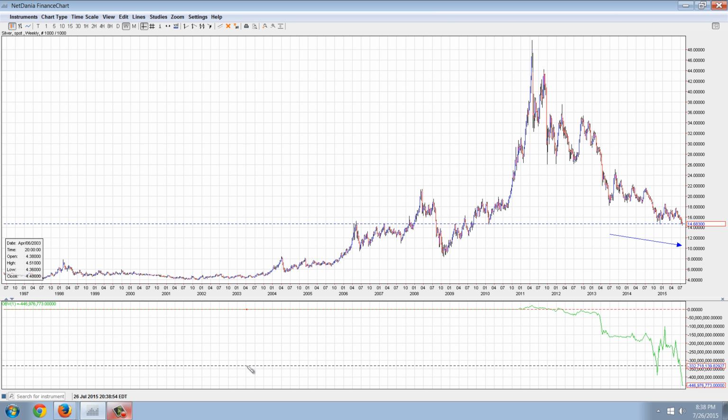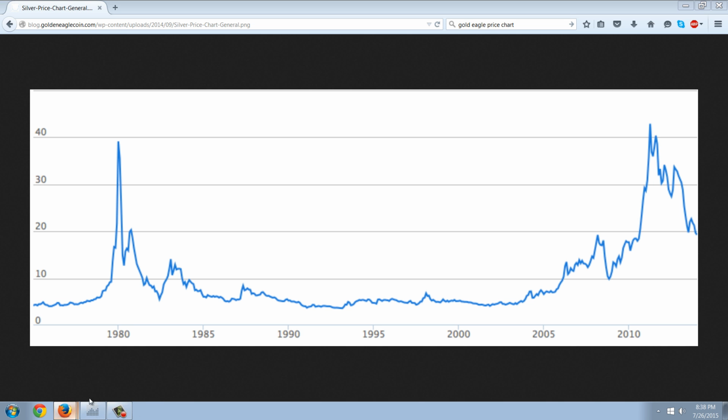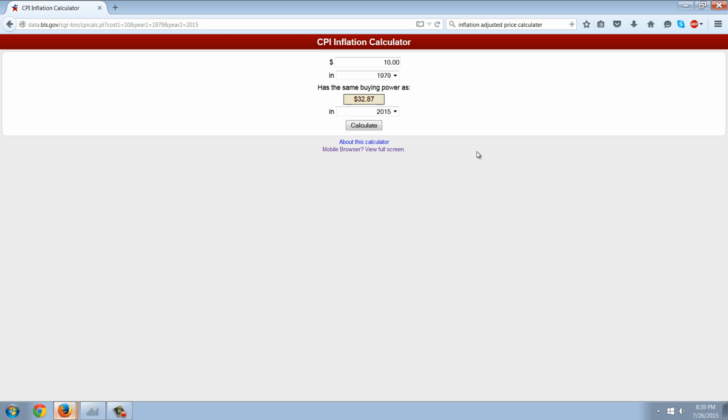So what is that value? Let's take a look and see what that value would be inflation adjusted. So if we had $10 in 1979, this is using the CPI, which we know is bogus. But based on the CPI, $10 in 1979 is a present value of $32.87.